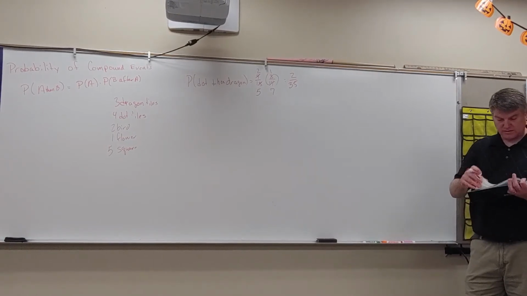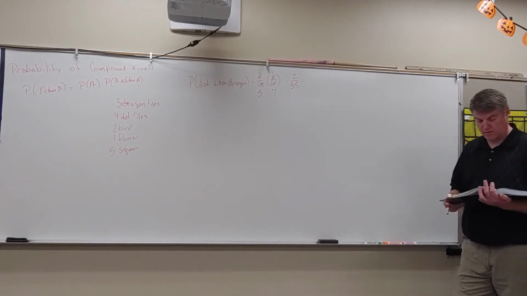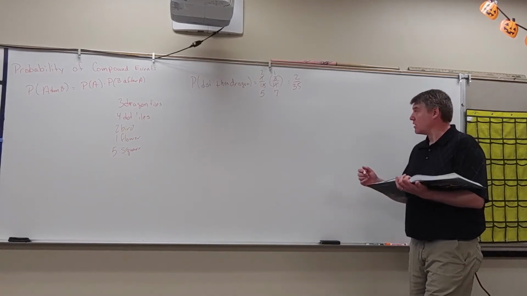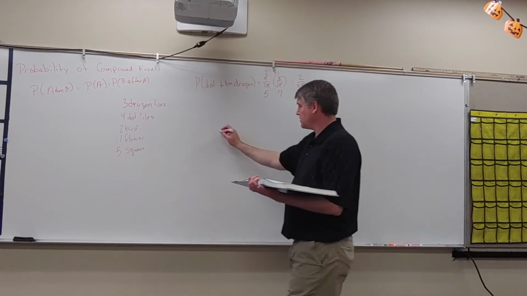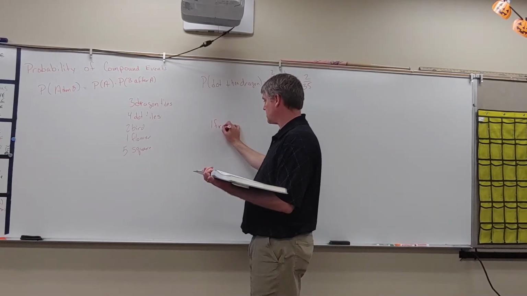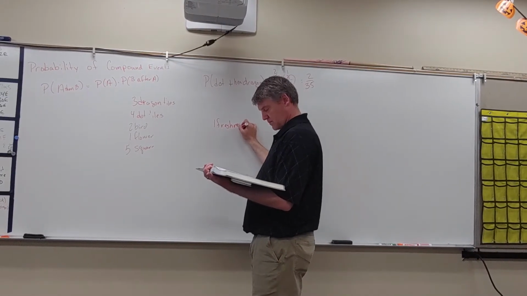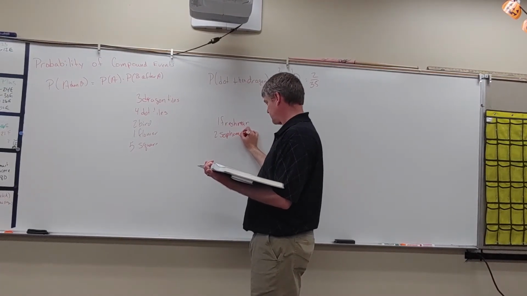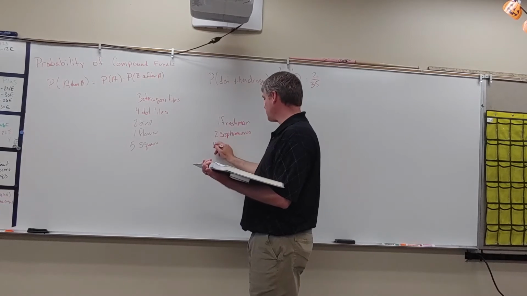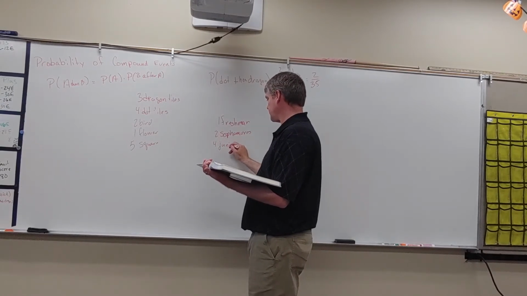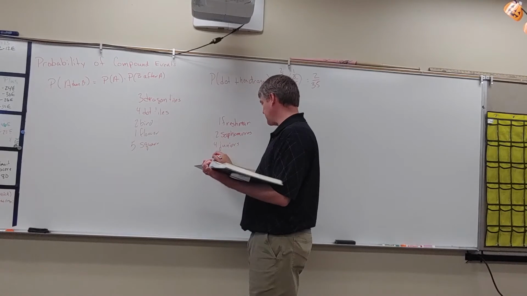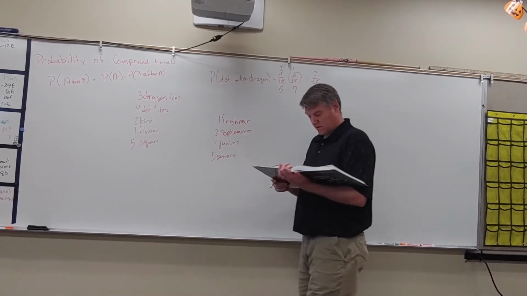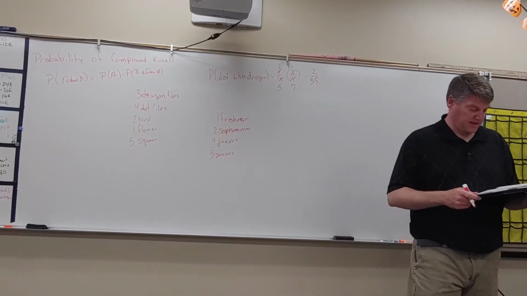So let's look at one more example. This is dealing with an essay contest, okay? So we have 1 freshman, 2 sophomores, 4 juniors, and 5 seniors receive top scores in the school essay contest.